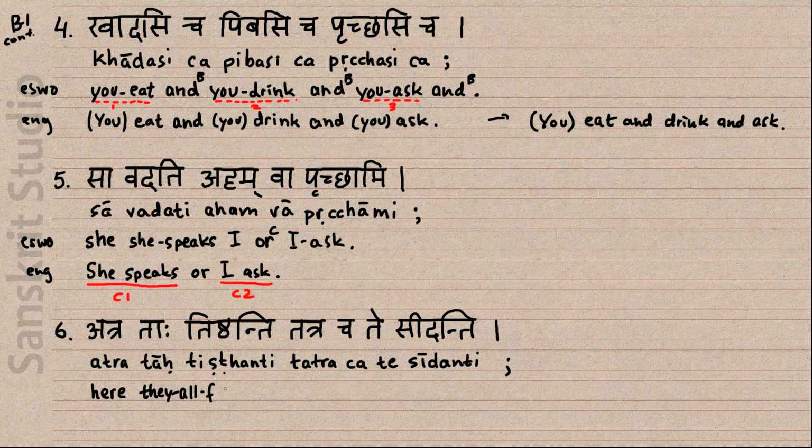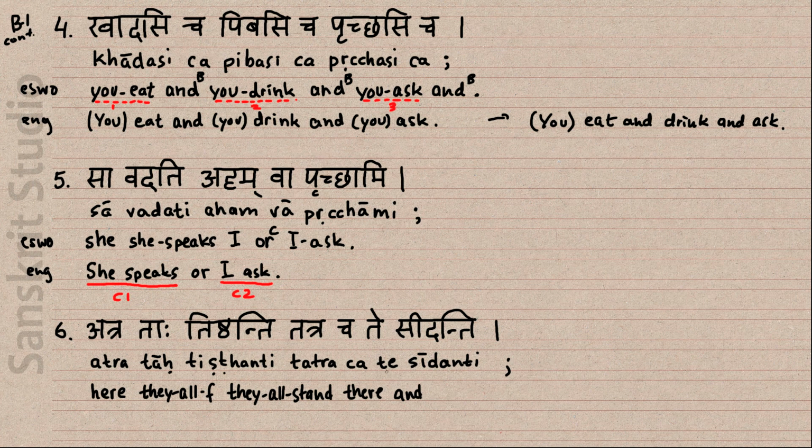And what they're doing, they're standing, so they all stand. And then we have tatra, adverb, there. We have cha, conjunction, and. We have te, pronoun, for.